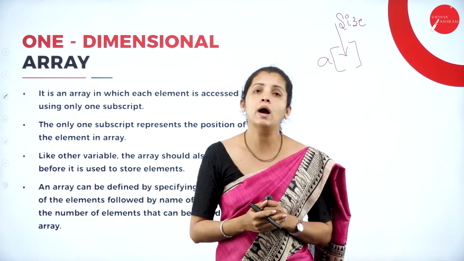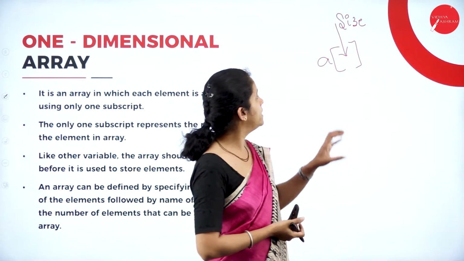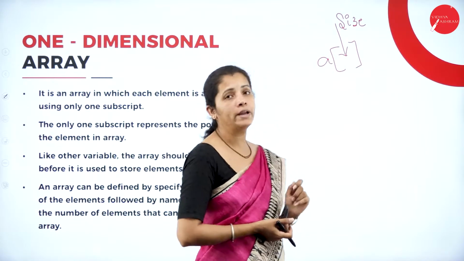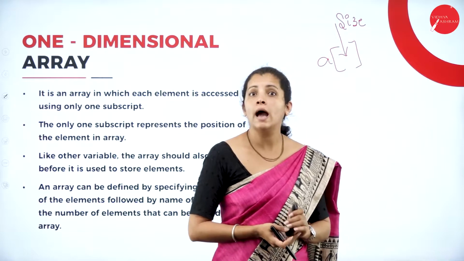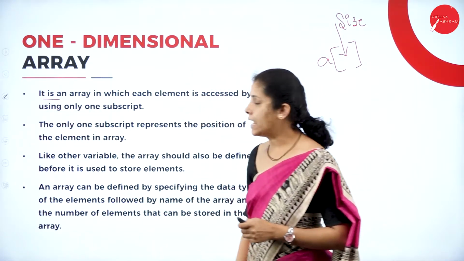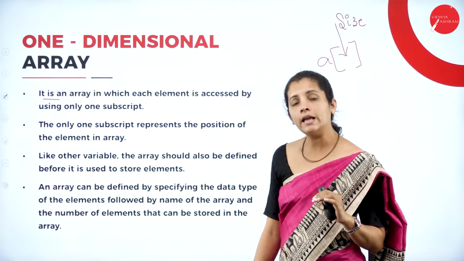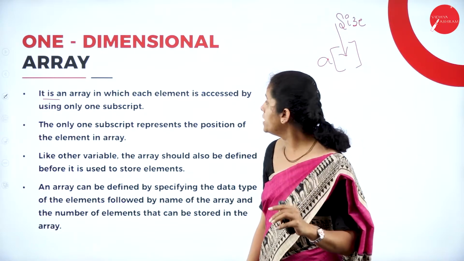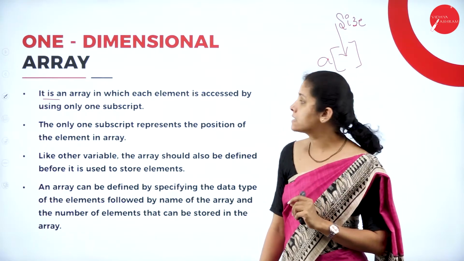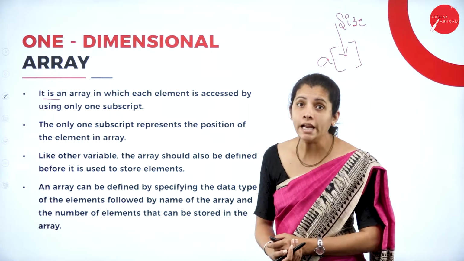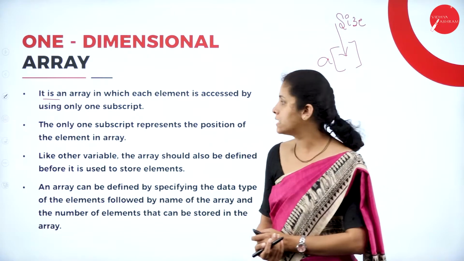Suppose if I want to access any element which is stored in this array, then with the help of the index, I can access the element. A one-dimensional array is an example of an array in which each element is accessed by using only one subscript or index.